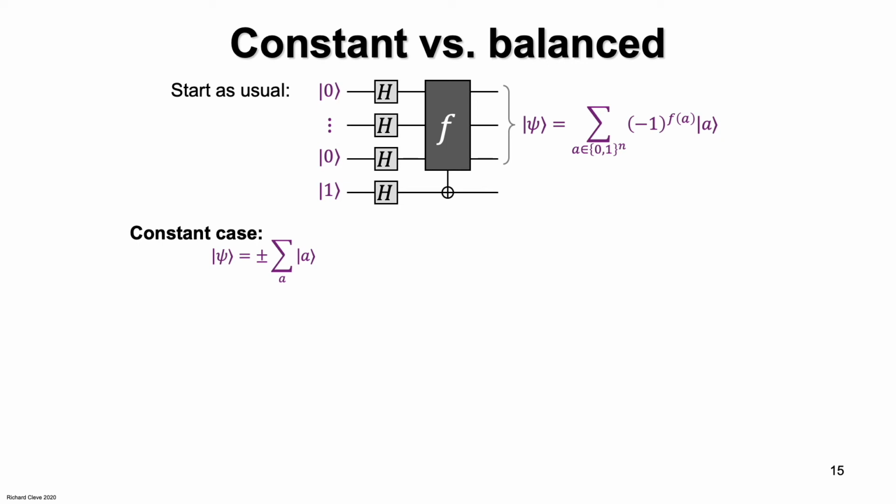Now, what can we say about the state in the balanced case? There are lots of possibilities depending on which particular balanced function it is. But one thing we can say is that the state is orthogonal to the state that arises in the constant case. Why? You might pause to think about this.